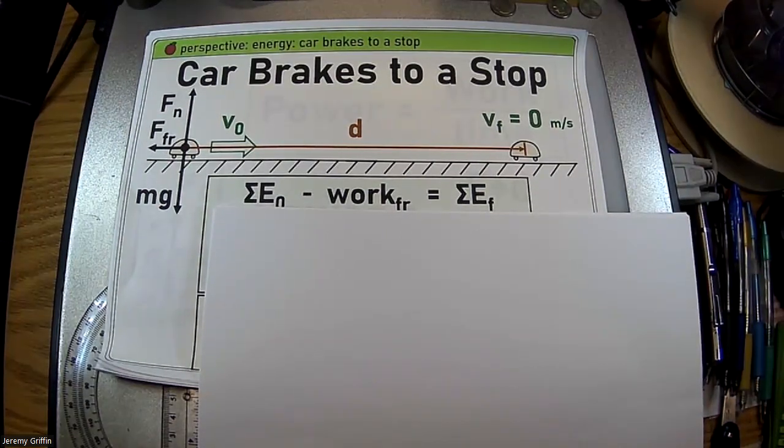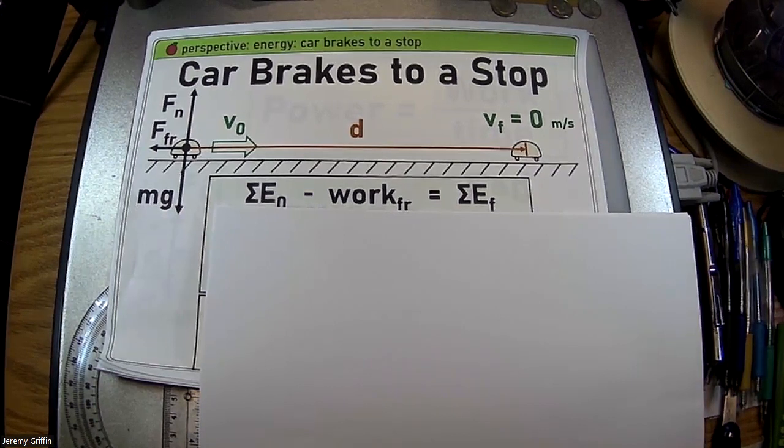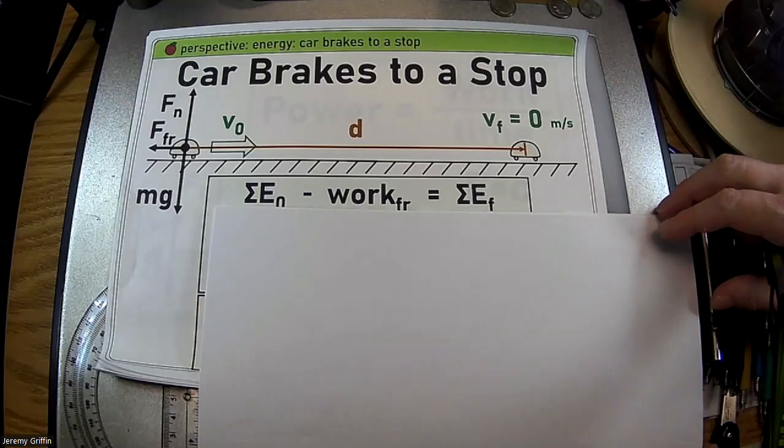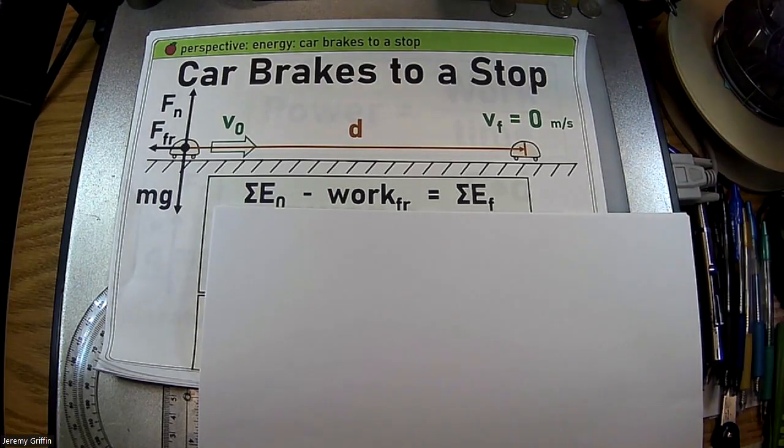What is the braking distance of that car, in terms of its initial speed? It's the braking distance as a function of its initial speed. I have a pretty good guess what the next line is on your paper.